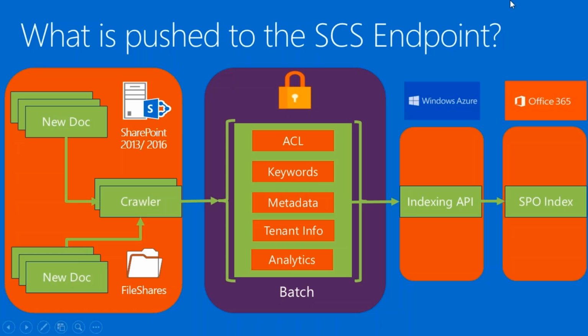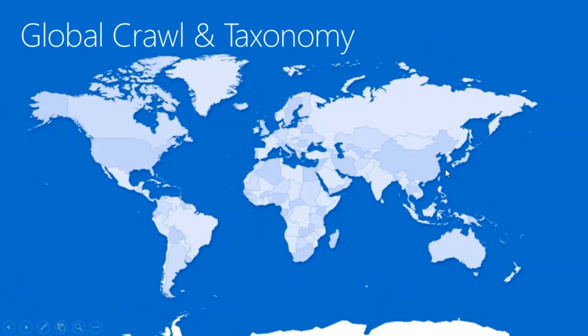So why do we even care about this? Well, the clients of mine that are seeing the best benefit from the cloud search service application used to have, or still have, farms around the world. So we have multiple SharePoint farms running around the world.